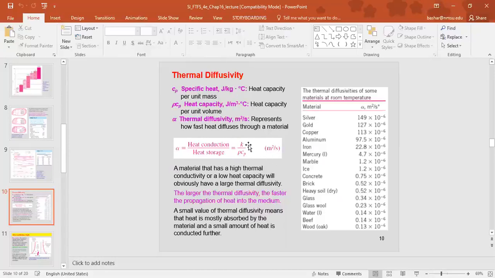It's defined as the thermal conductivity divided by the heat capacity per unit volume, that is rho Cp. The values of the thermal diffusivity for some materials are shown in this table to the right.